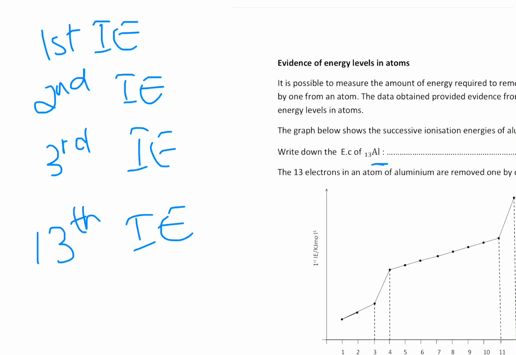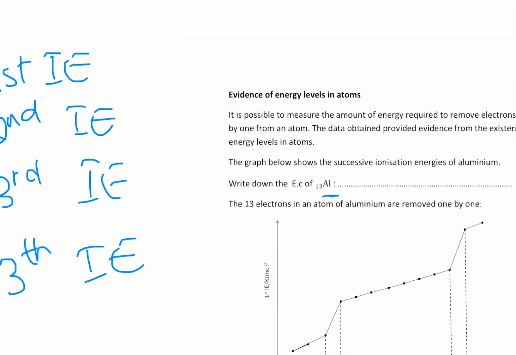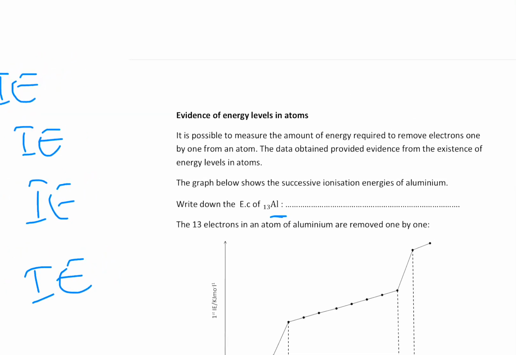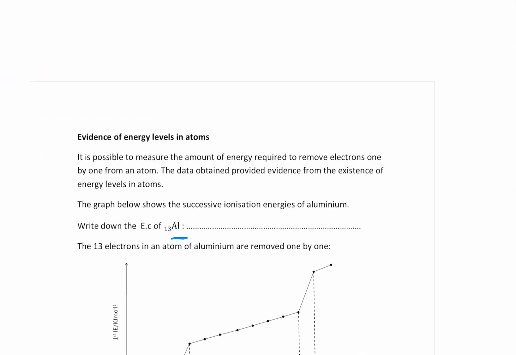So we are able to remove electrons one by one, and this ability has given us the evidence that electrons indeed exist in energy levels. So the data obtained provides evidence for the existence of energy levels.